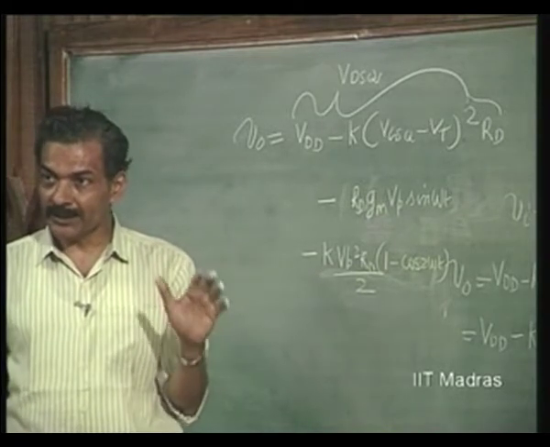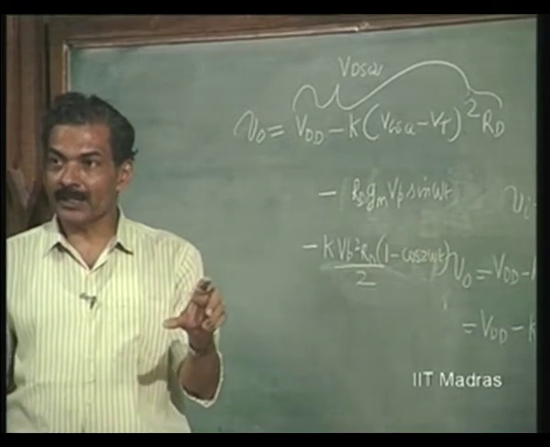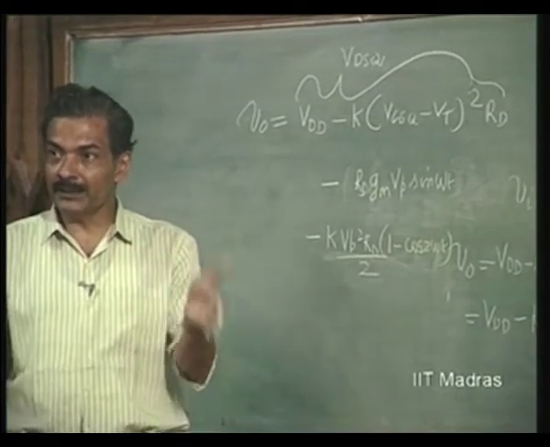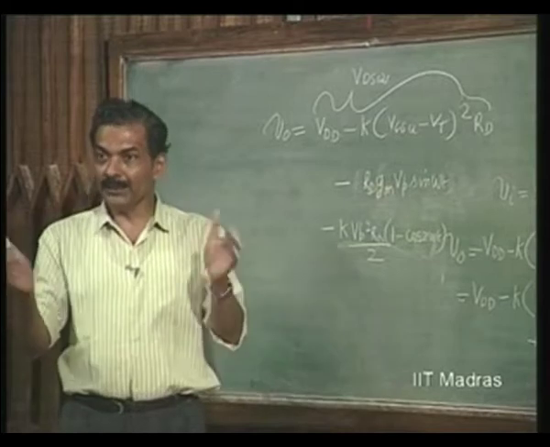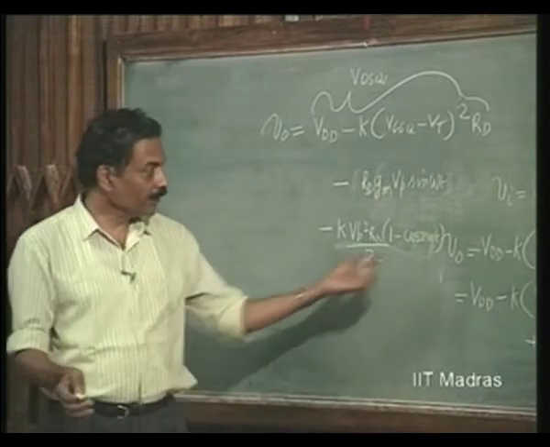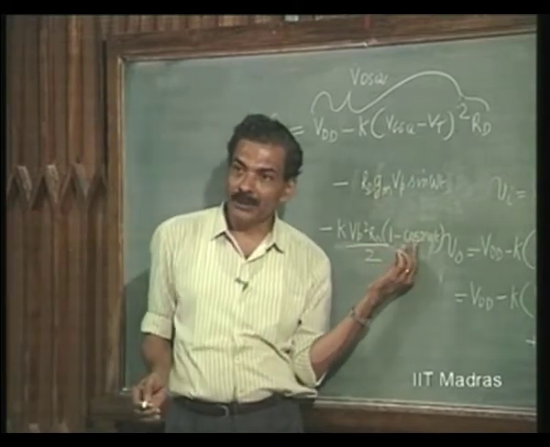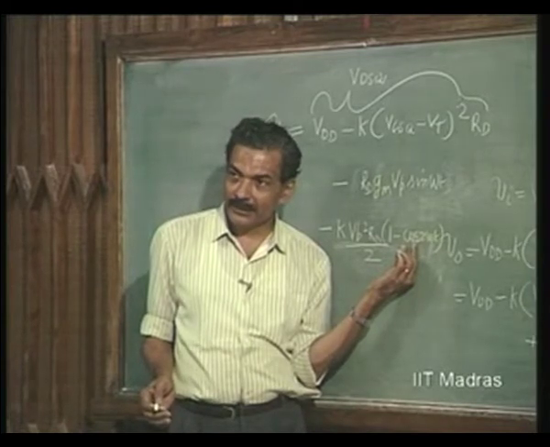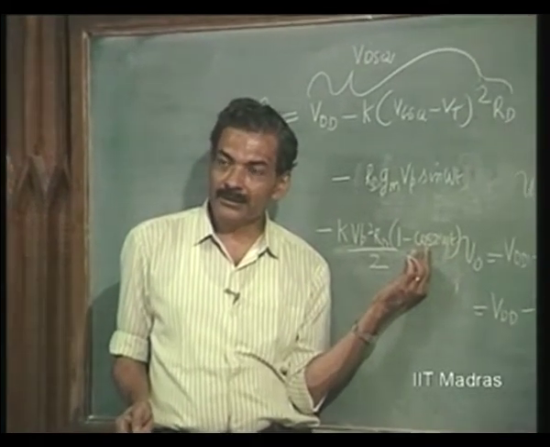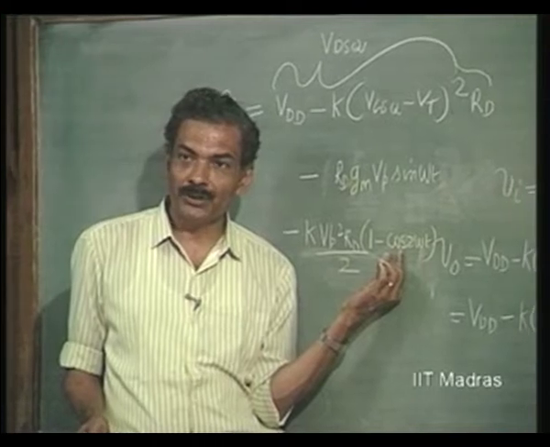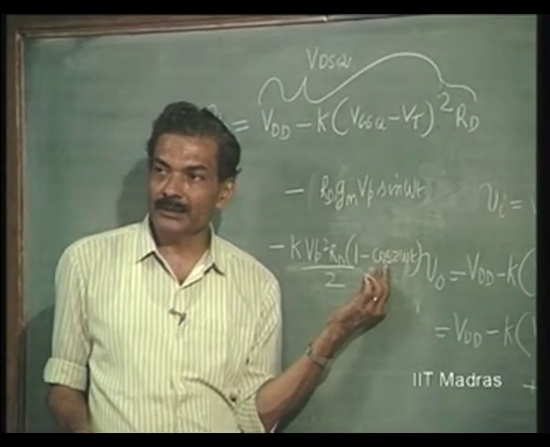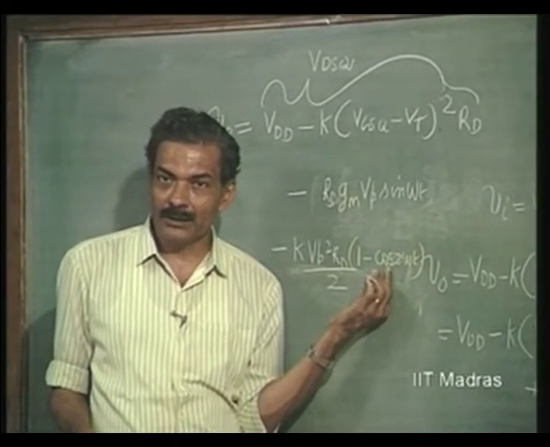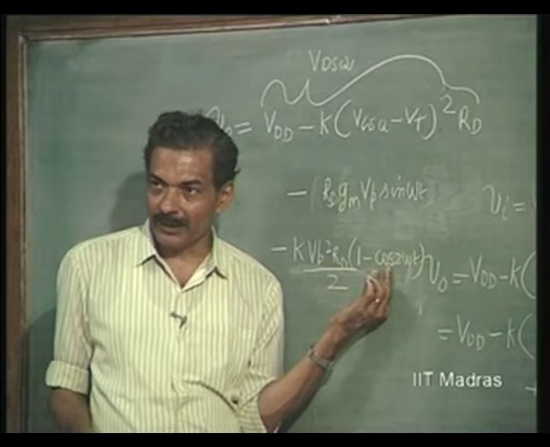Measure this using a DC meter, then apply a sine wave and measure the shift in the DC output. That shift in the DC output will give you the amplitude of second harmonic. This is the technique I advise you to use even for measuring the distortion in the case of a bipolar junction transistor amplifier, right.